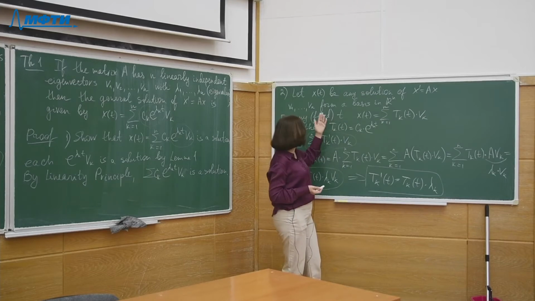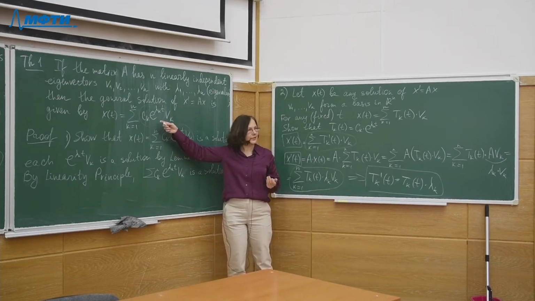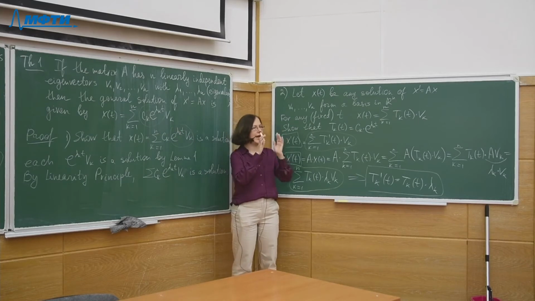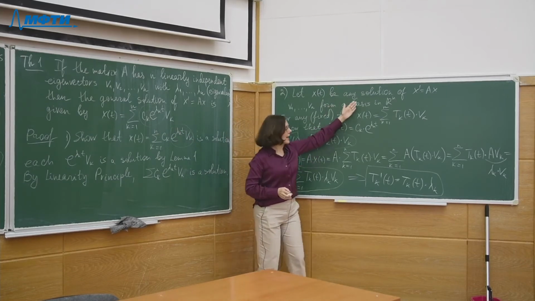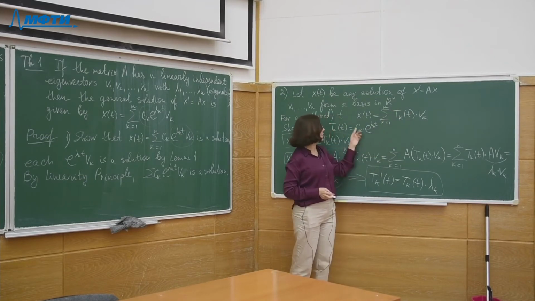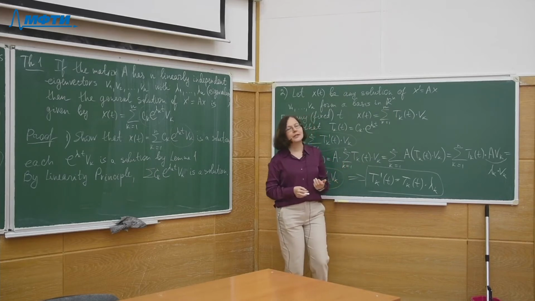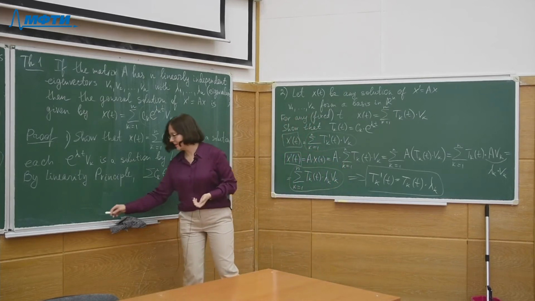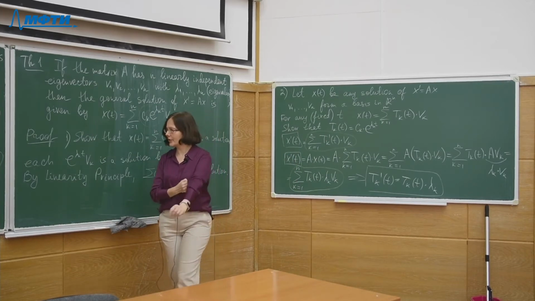And this will prove that any solution can be represented in this form. So we took any solution, and any solution has this form, and after this I proved that these coefficients are of this form. And this proves our theorem. Hope it is clear. Shall I go further?